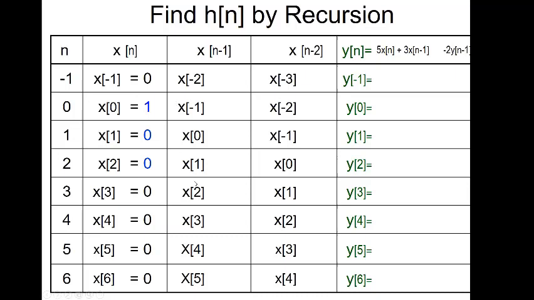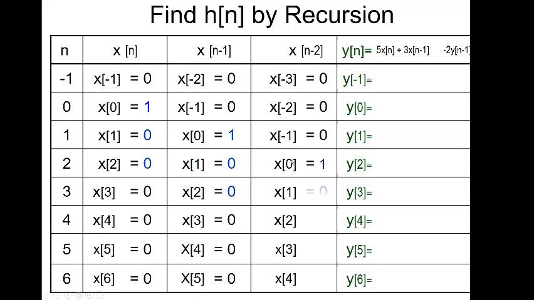It's delayed by 1 sample time. So we'll take this unit sample here, the 1 at x of 0, or at index n equals 0, and move it down here to n equals 1, and have 0 everywhere else. Likewise, x sub n minus 2 is the same sequence, except the 1 is now down 1 more position, at index n equals 2.